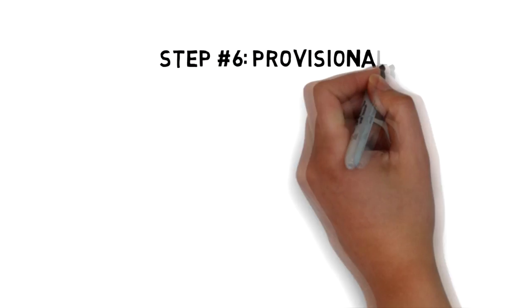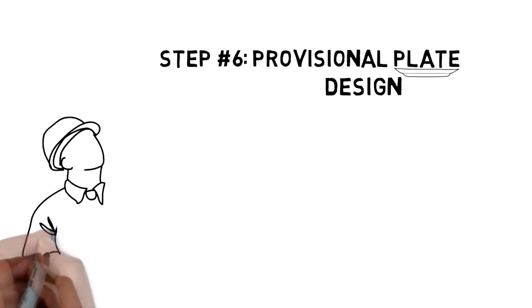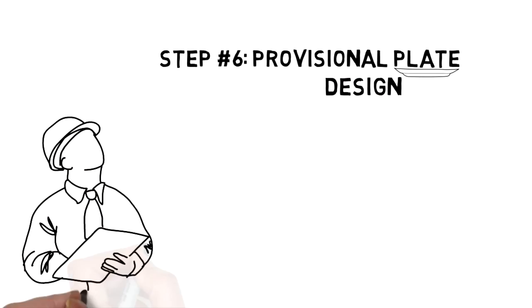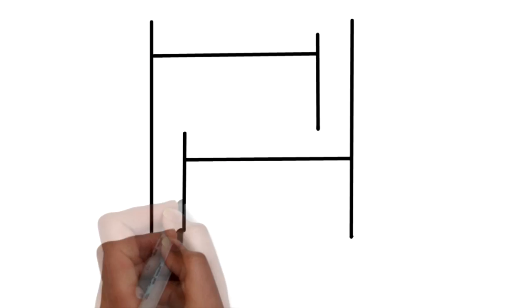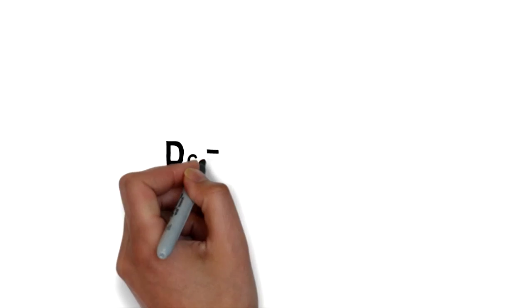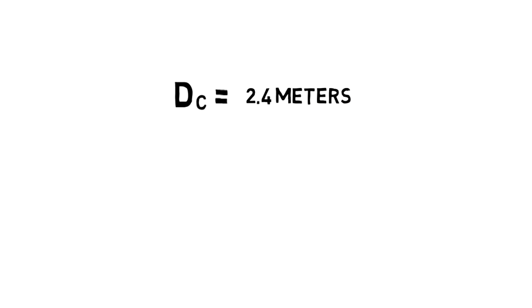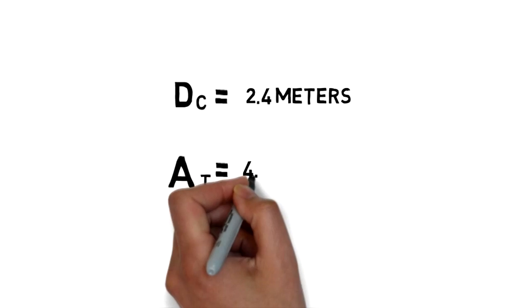Step 6, provisional plate design. This includes dimensions necessary to construct plate, weir, and downcomer. For the column diameter that we obtained before, we have 2.4 meters. From this, we can obtain the column cross-sectional area, and that is 4.52 square meters.